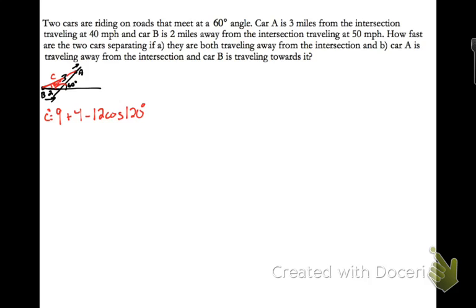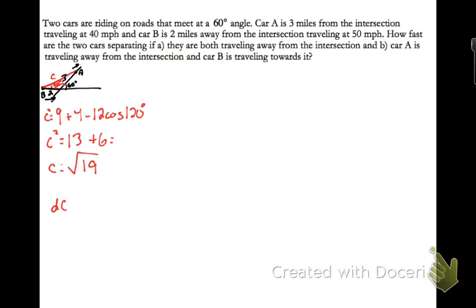And the cosine of 120 degrees, since its reference angle is 60, would be negative 1/2. So c squared would be 13 plus 6, or c would be the square root of 19.